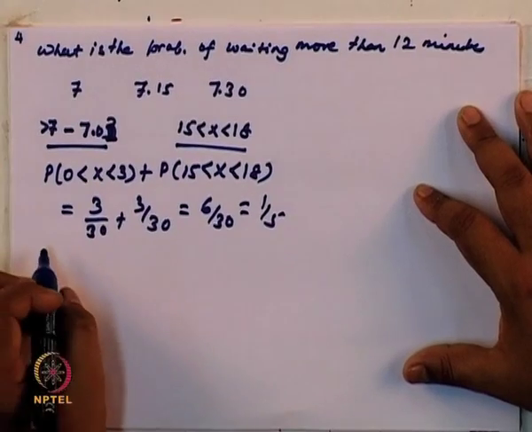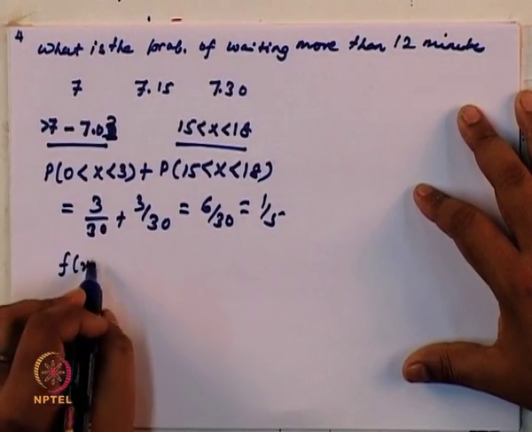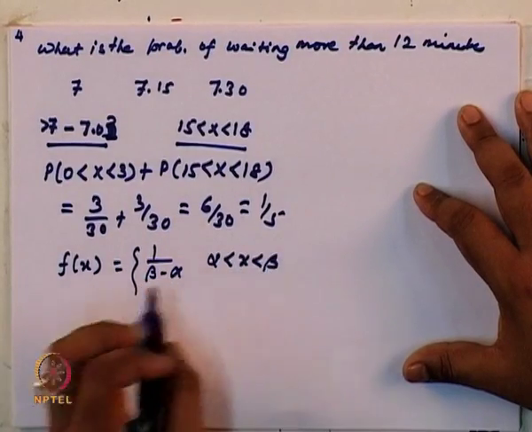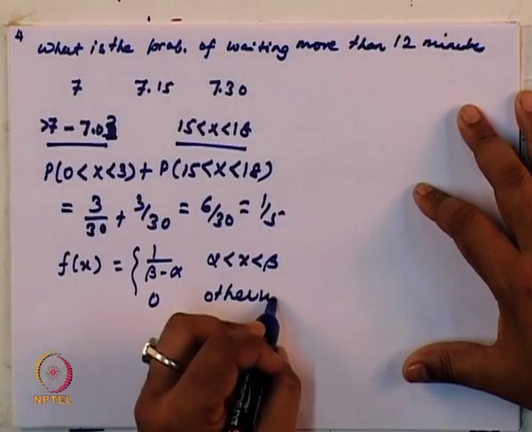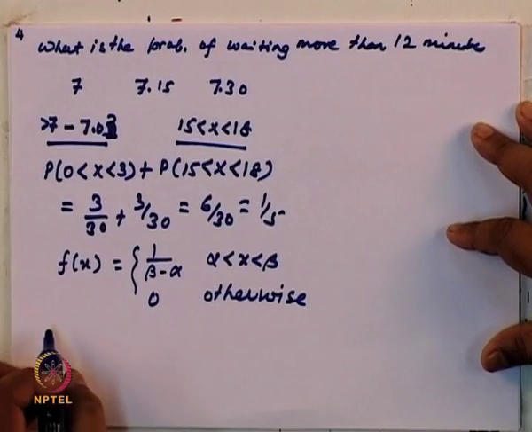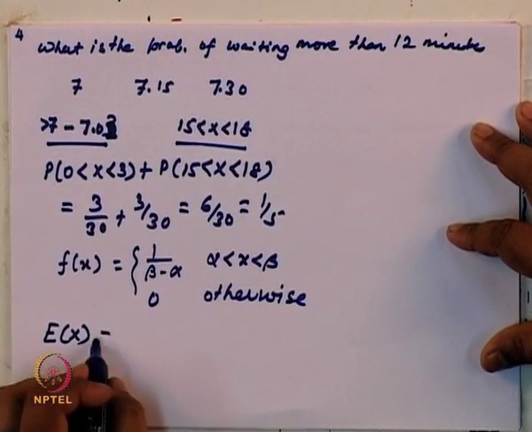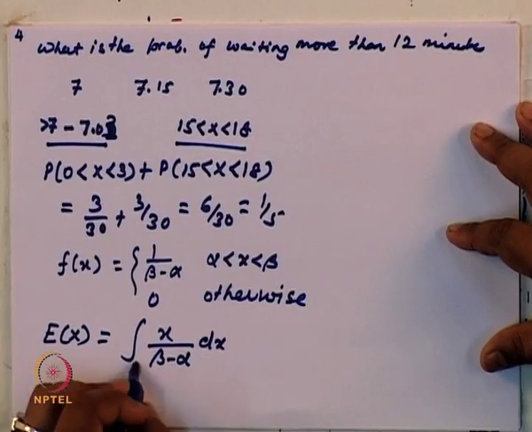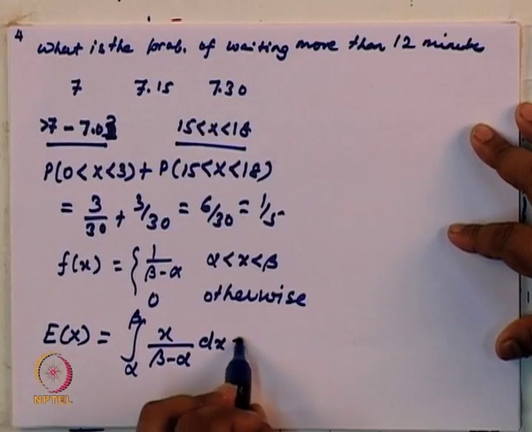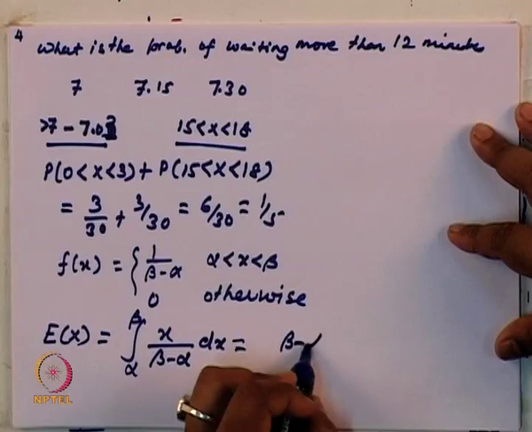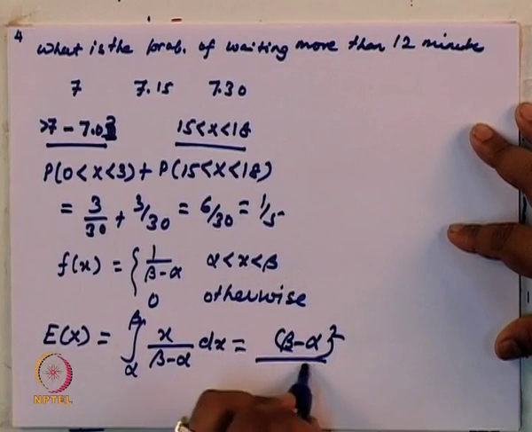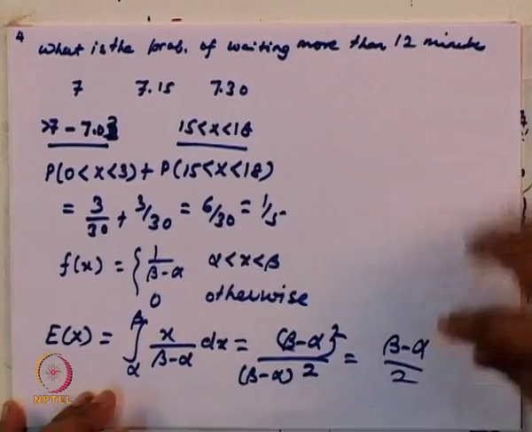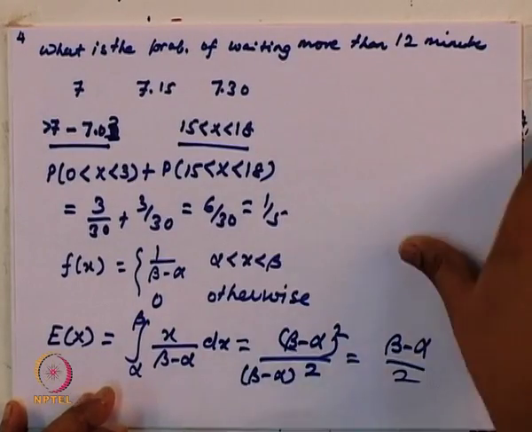So, for a uniform distribution, once again I write, f of x is 1 by beta minus alpha for alpha less than x less than beta, and 0 otherwise. You can calculate the expectation of this variable, which is the integral of x times the density.